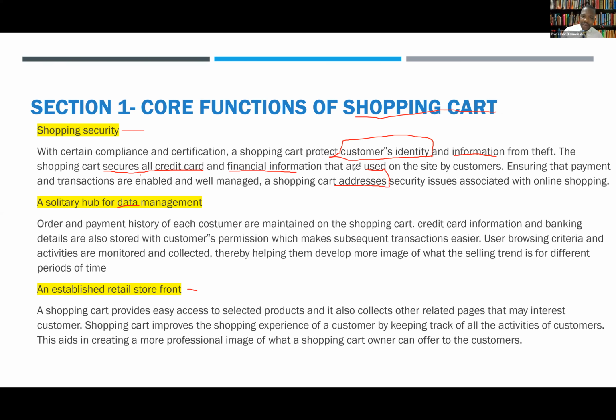So if the address they provide is 221, and that address is not what you have in the system, that means it's protecting your identity and it will reject the payment. Or your bank can say, no, this is not the type of amount this person would purchase, so I'm going to stop the payment until they verify it.